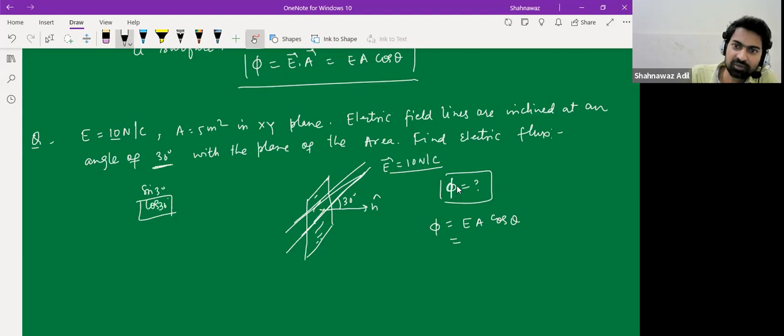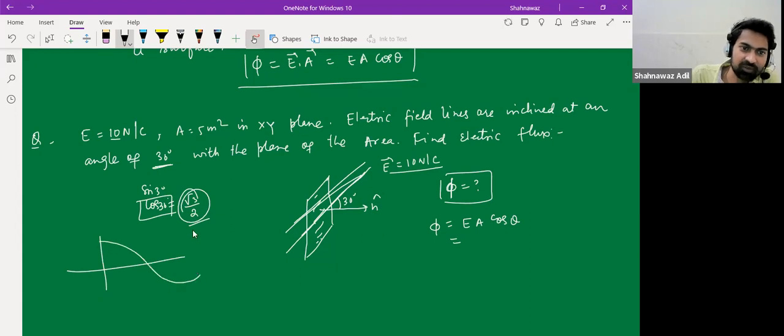Sir, what is cos 30? Cos 30 is root 3 by 2. Cos goes from 1 to 0, sine goes from 0 to 1. So cos 30 is root 3 by 2. What would be the answer?